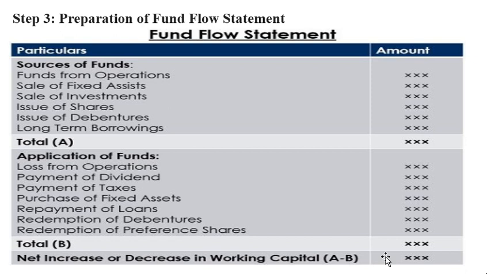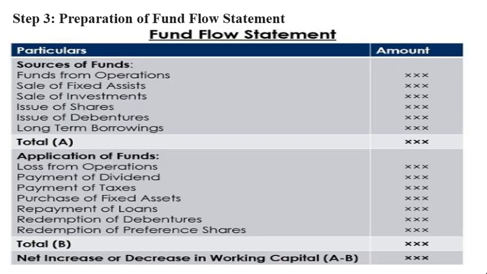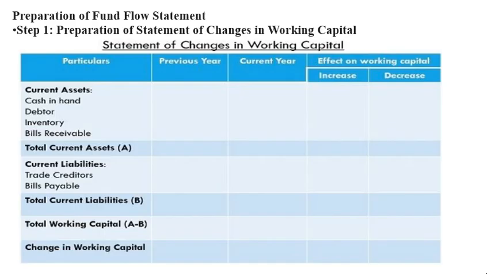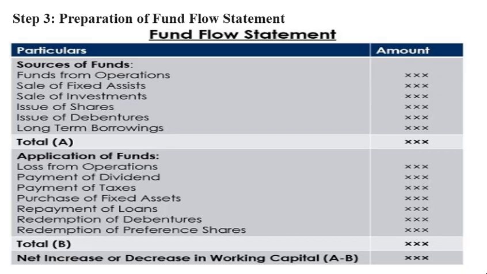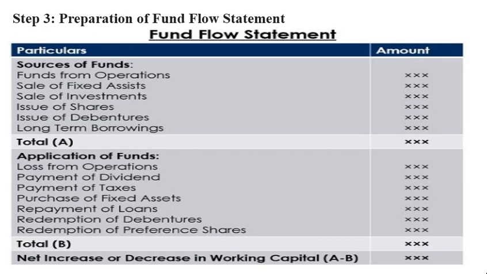If both the totals are equal, then we can say your statement is correct. So these three steps we have to follow while preparing the fund flow statement: one is statement of changes in working capital, next funds from operation, and the last step is the fund flow statement. So copy the above format and everything in your notes.